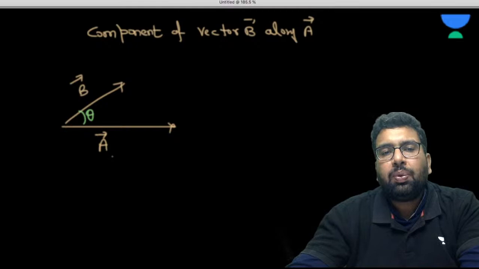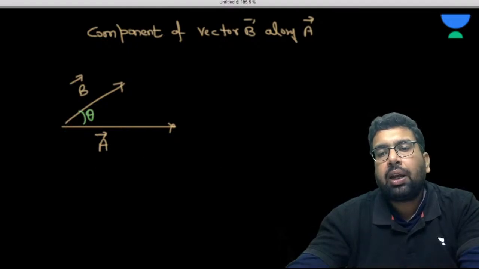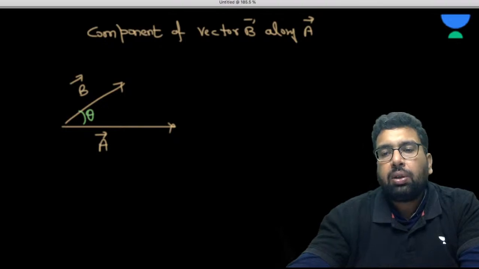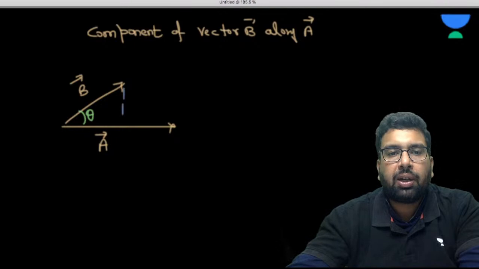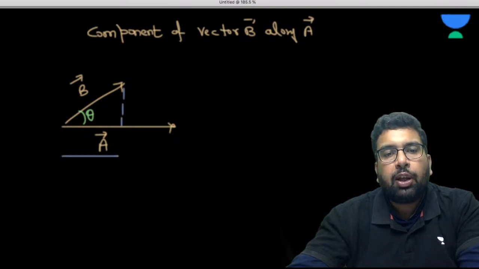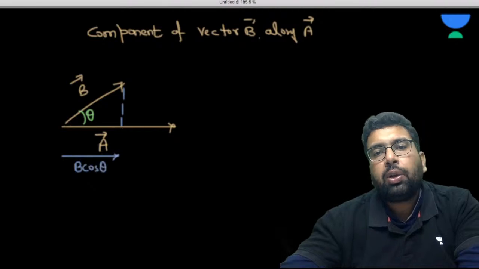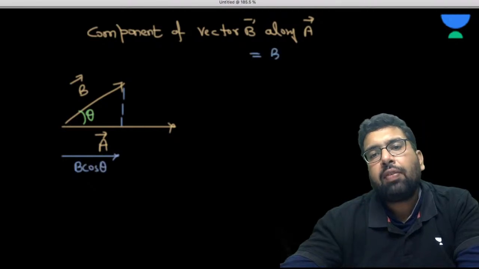Now, what is the component of vector B along A? Please understand this. Sir, we did it before also, so why are you showing us again? I'll show you. The component of vector B along vector A is B cos theta, do you agree or not?